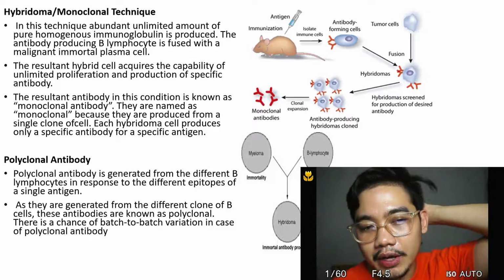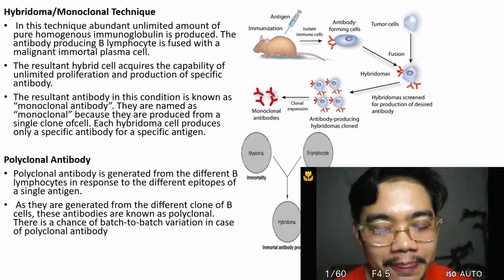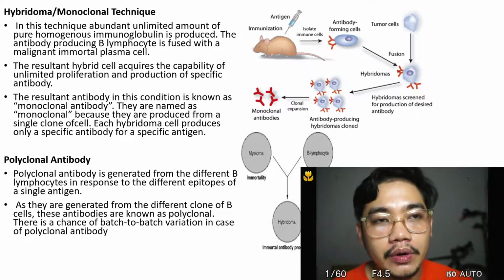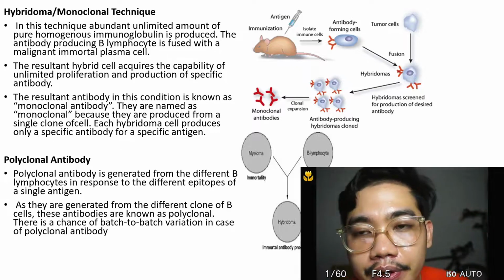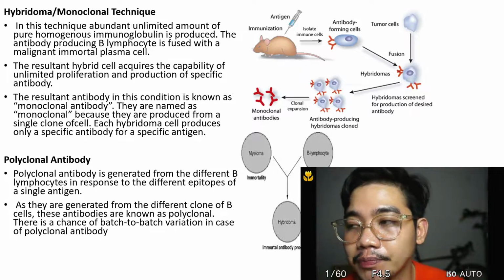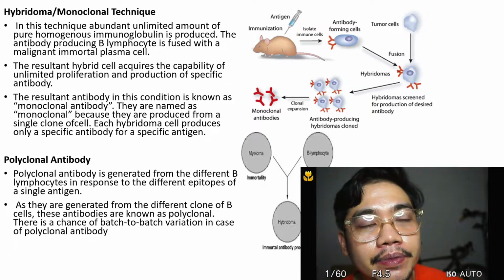So this is the hybridoma monoclonal technique I mentioned earlier. We get the antigen, usually from control tissues. For example, like I was talking about earlier, the estrogen receptor.